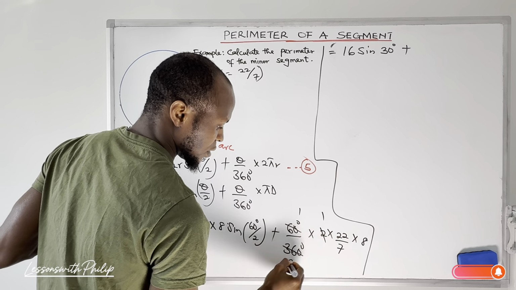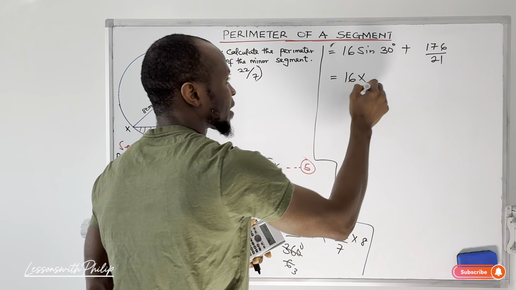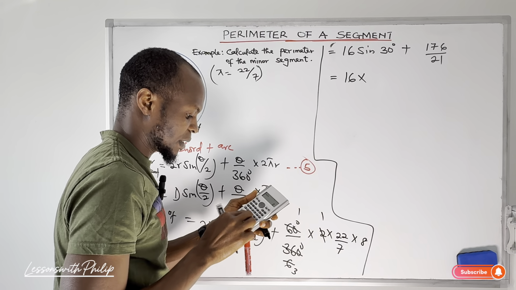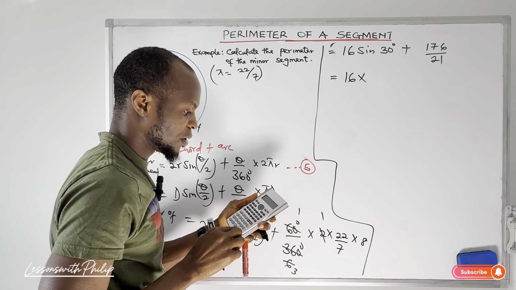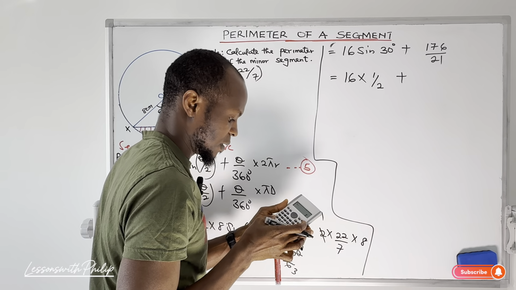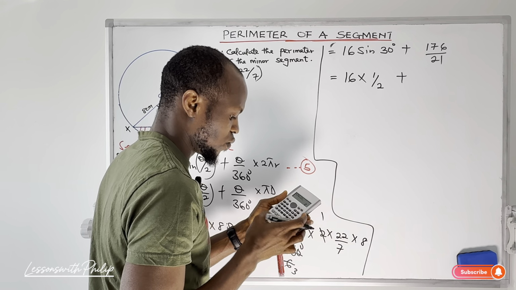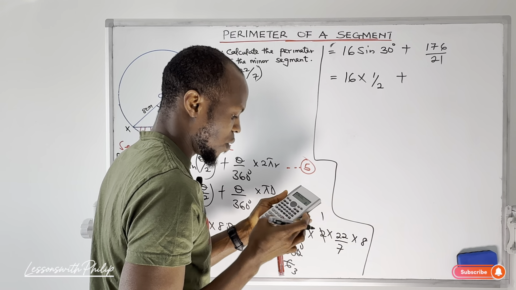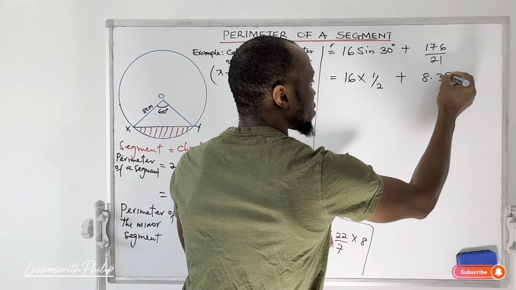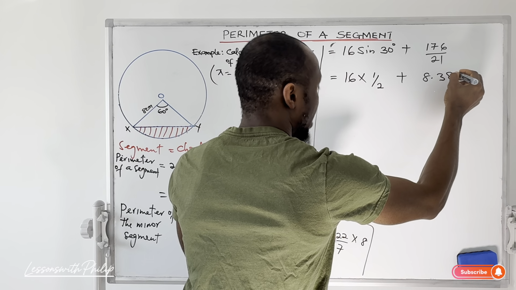So I have plus 176 divided by 7 times 3, which is 21. That is equivalent to 16 times sine 30 degrees. Sine 30 degrees is half, so times half plus 176 divided by 21, which gives me 8.381.